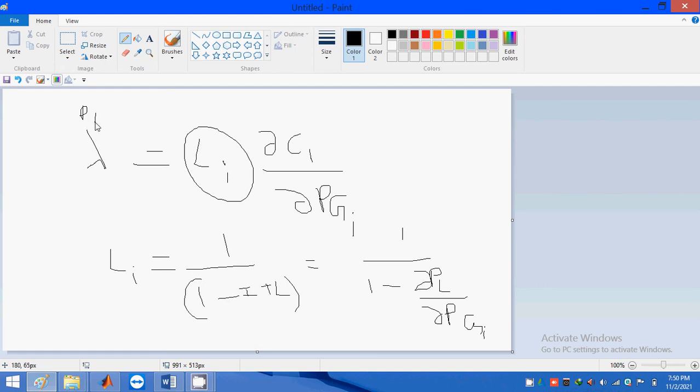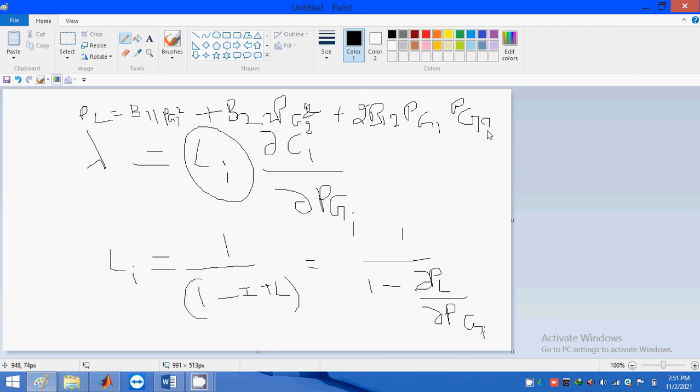For two thermal generating units, the PL value is equal to B11 Pg1 square plus B22 Pg2 square plus 2 into B12 into Pg1 into Pg2.